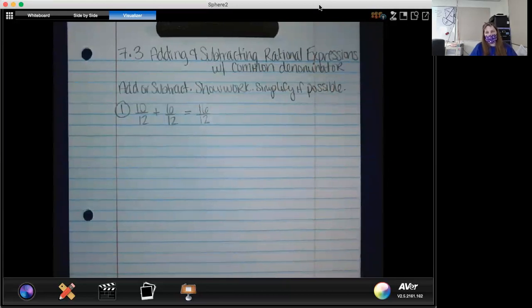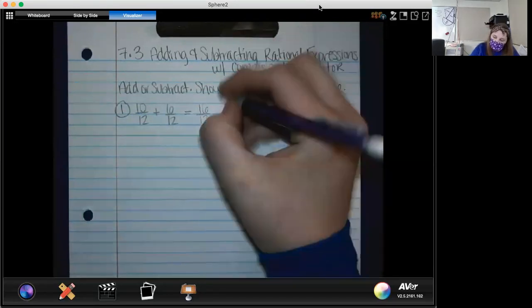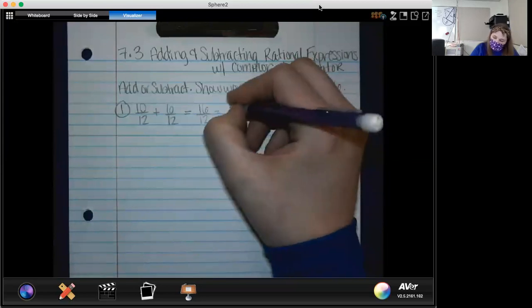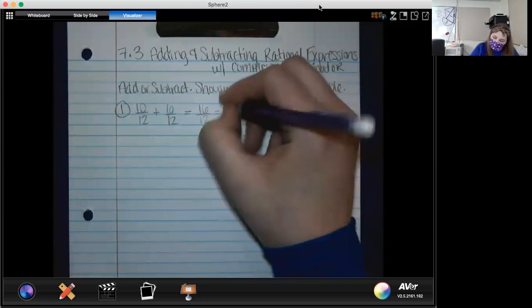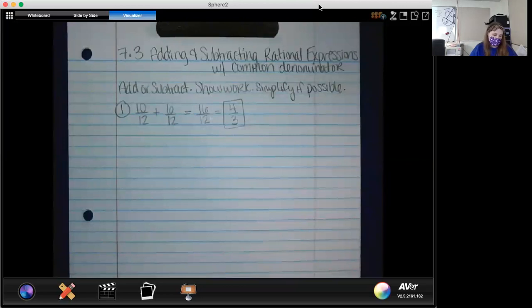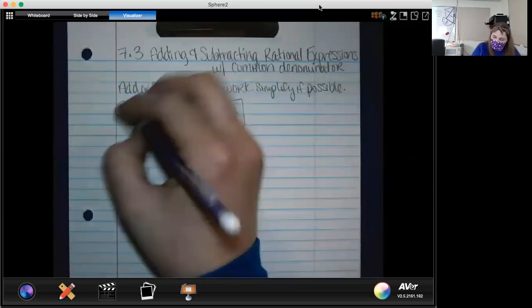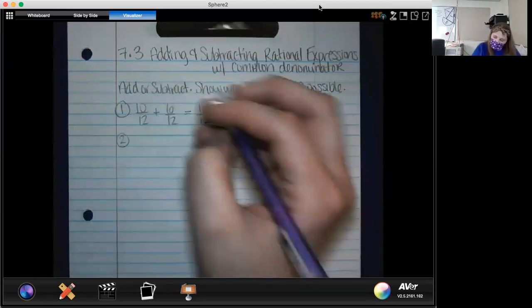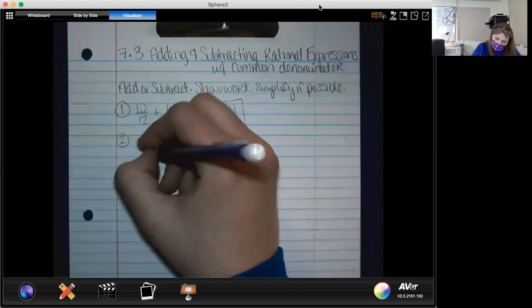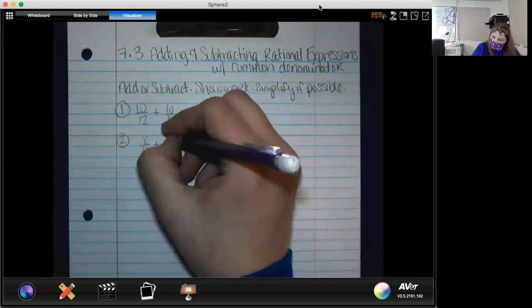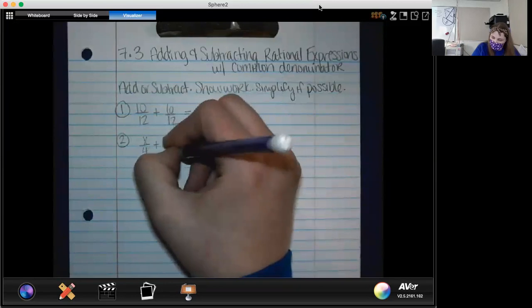From this point, now we can simplify. So what do both these numbers have as a factor? 4. So it would simplify to 4/3. Start throwing in variables. x divided by 4 plus 5x divided by 4.